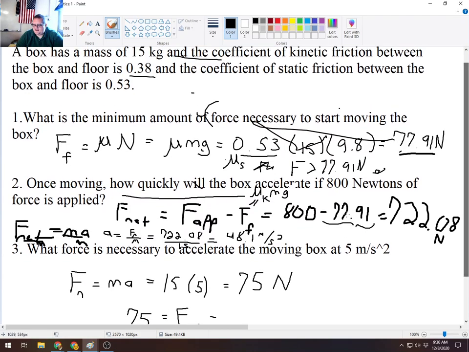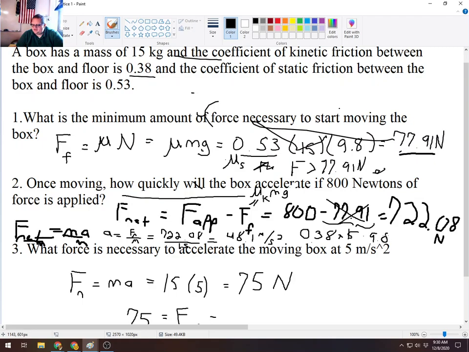So let me go back here real fast just so you see the correct answer. Instead of 77.91, it should be, and this is what I'm putting in my calculator, 0.38 times the mass, which was 15, times 9.8.